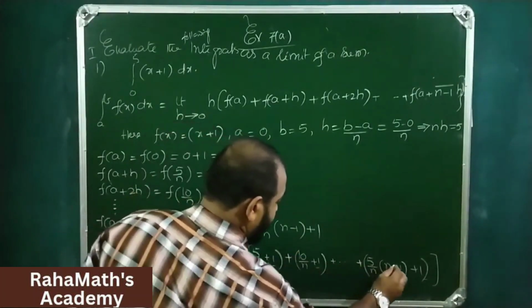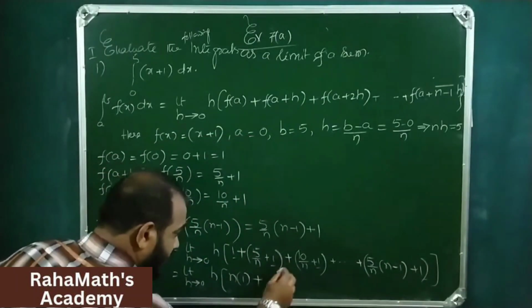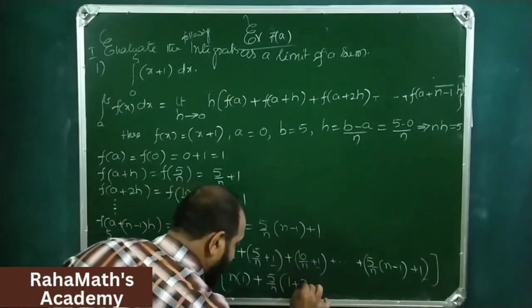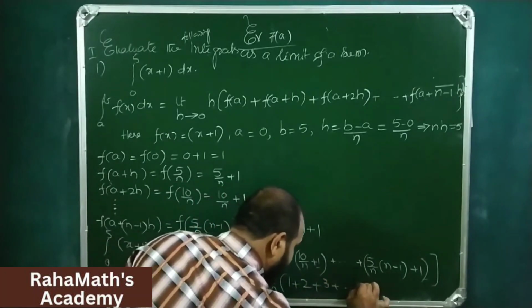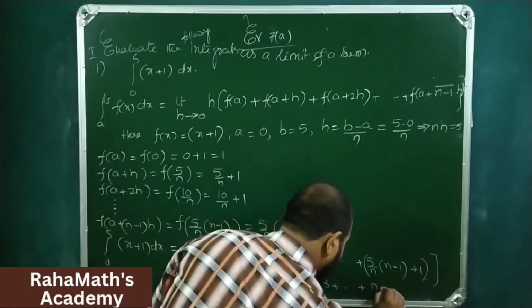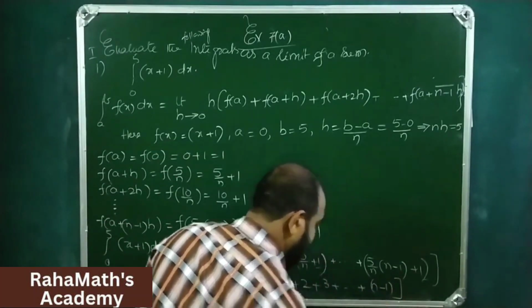This is okay. Next, if I take 5 by n common, then in this we have 1, 2, 3, and so on up to n minus 1.